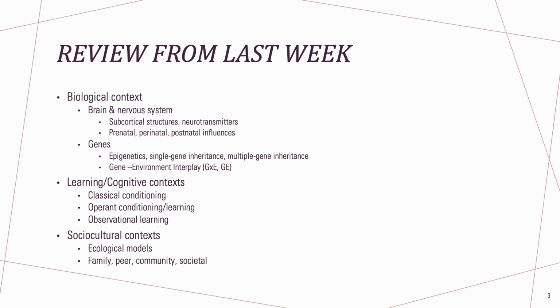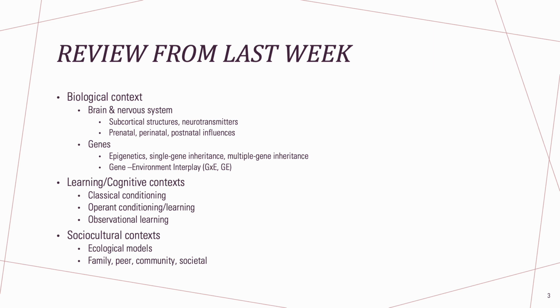We talked about genes and the importance of polygenic risk markers versus single gene inheritance. We also spent some time talking about learning context, so things like classical conditioning, operant conditioning, observational learning. And then we also talked about some of the cognitive aspects, so things like how our thoughts impact what we do and how we feel. And so we talked about cognitive distortions and cognitive schemas.